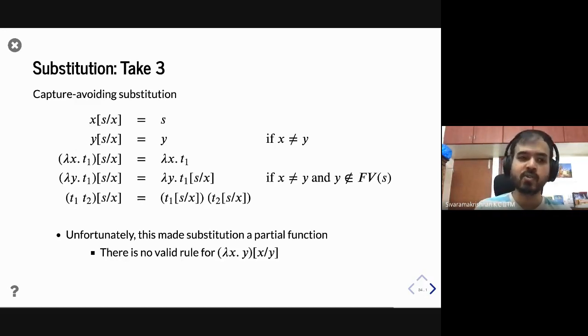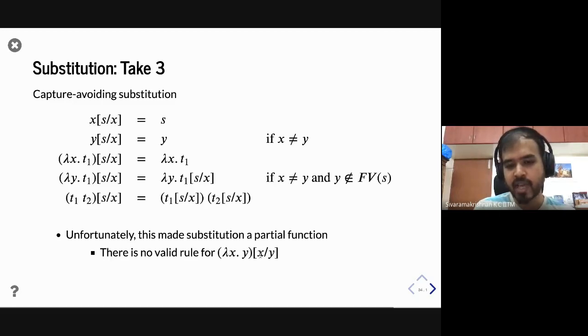What are total functions? Total functions are functions where the range is defined for the entirety of the domain, right? Unfortunately, this substitution description that we have here is not total, because of exactly the example that we saw in the previous slide. Here is a constant function.